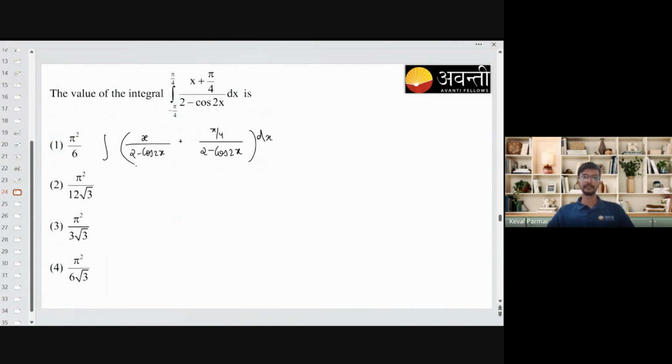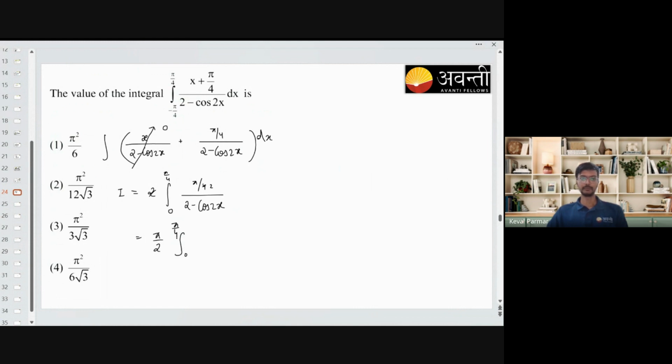As you can clearly see, this is an odd function, so its integration will be 0, and this is an even function. So my integral will be reduced to 2 times integration 0 to pi by 4, by using the odd even property, of pi by 4 upon 2 minus cos 2x. So we can cancel out this 2 and take pi by 2 outside. So we'll get pi by 2 integration 0 to pi by 4.